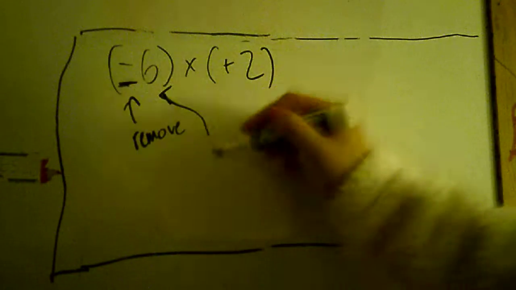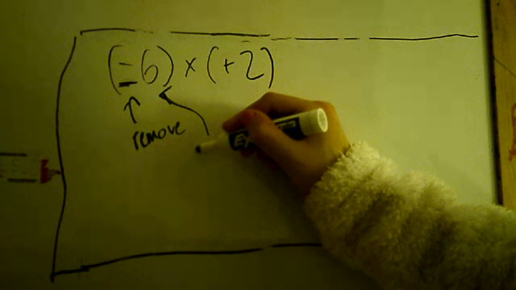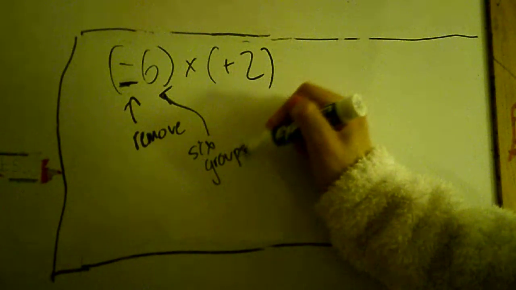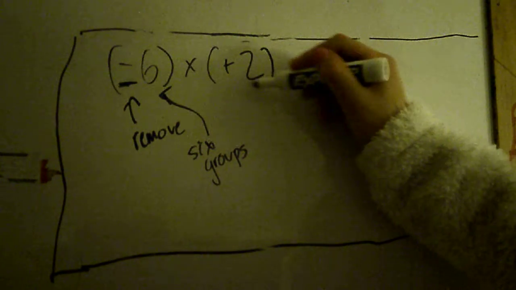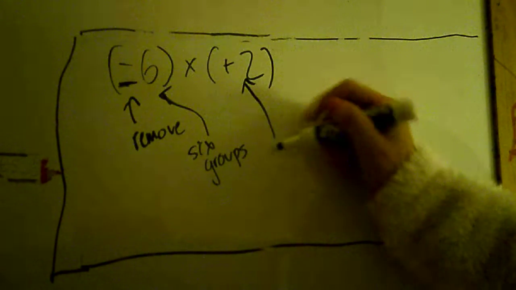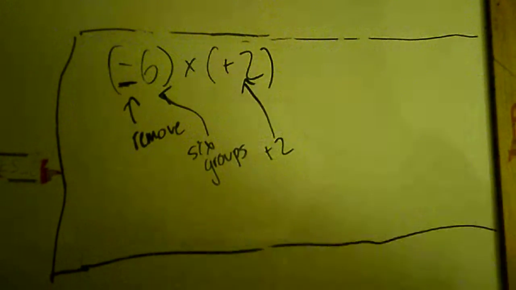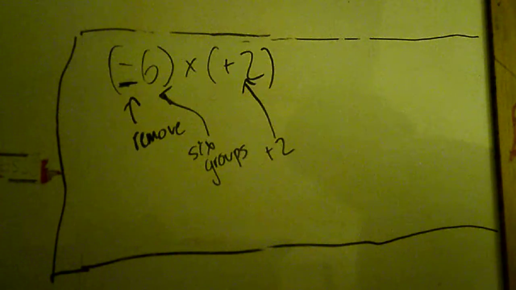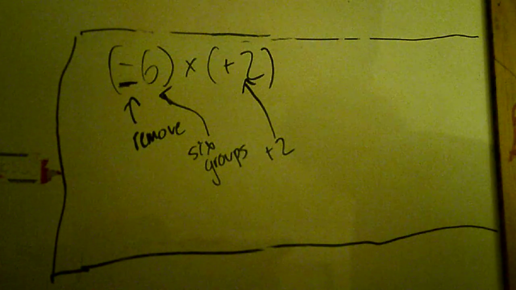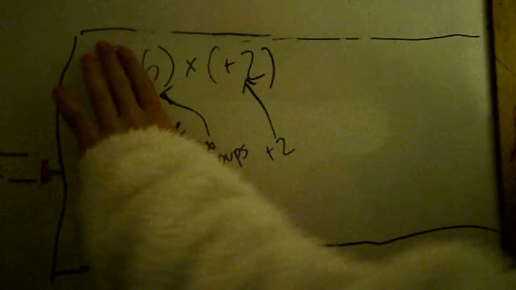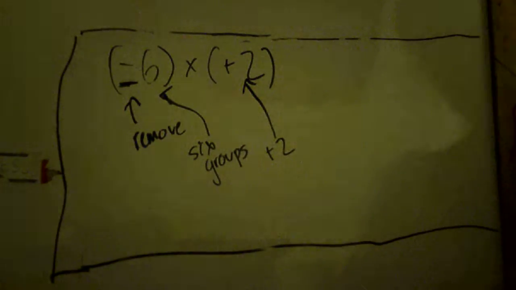The 6 means 6 groups. And then the positive 2 means remove 6 groups of positive 2. So now, if we were to draw it out, first we need to do 6 times 2, forgetting the signs, that's 12.